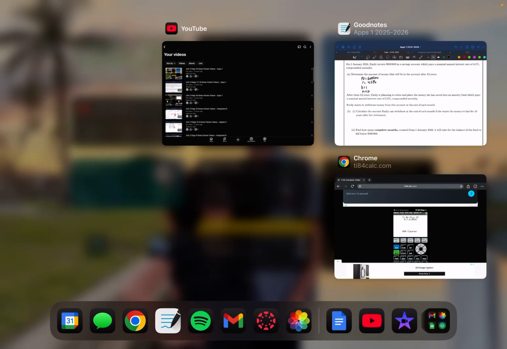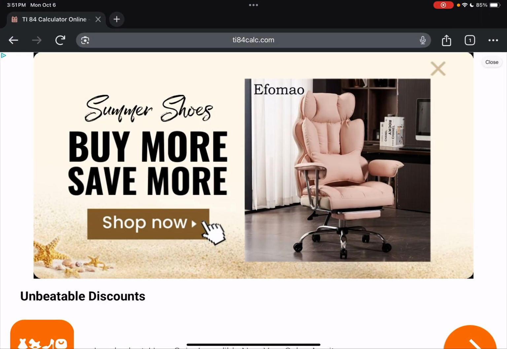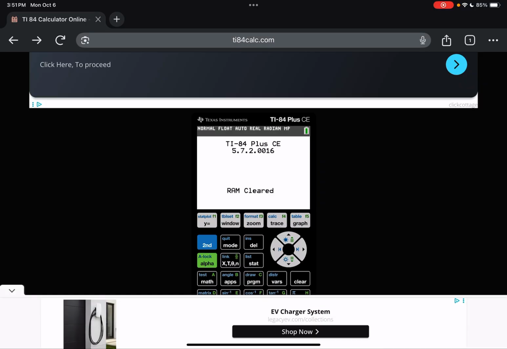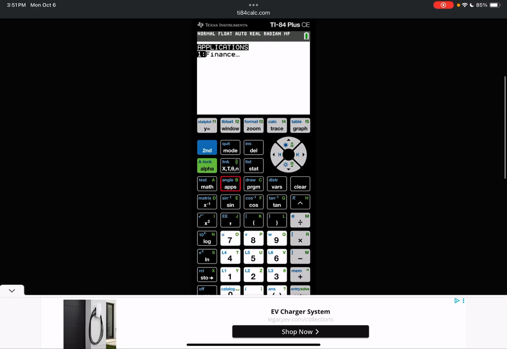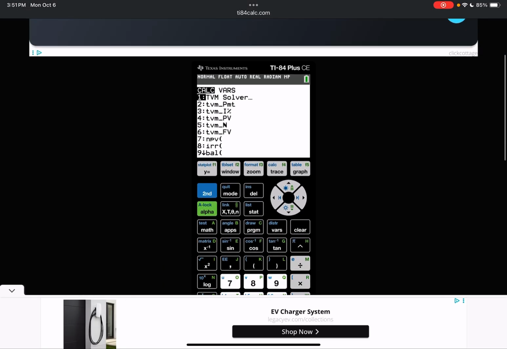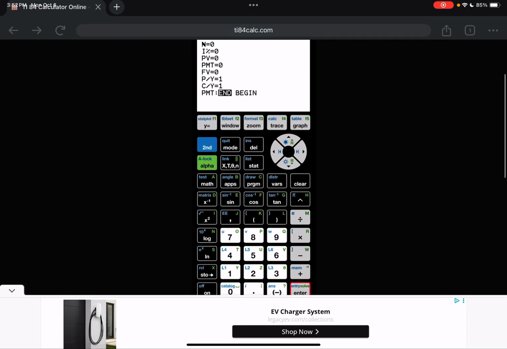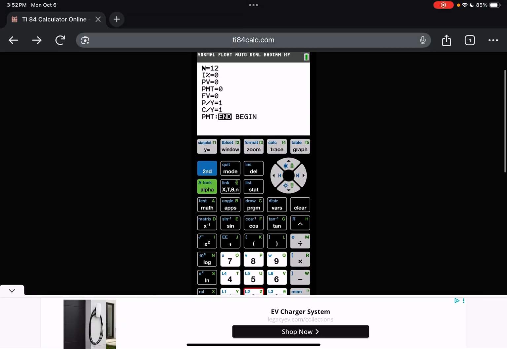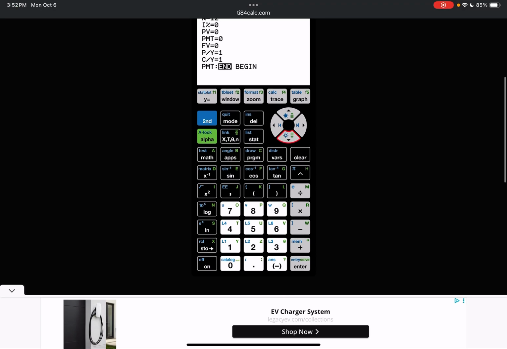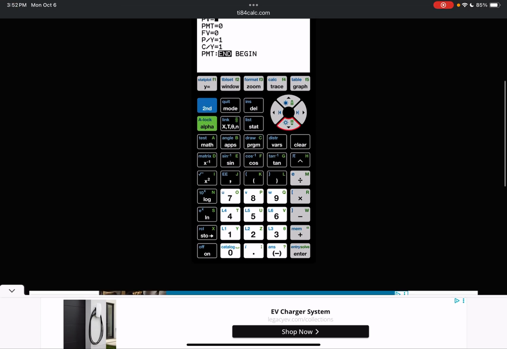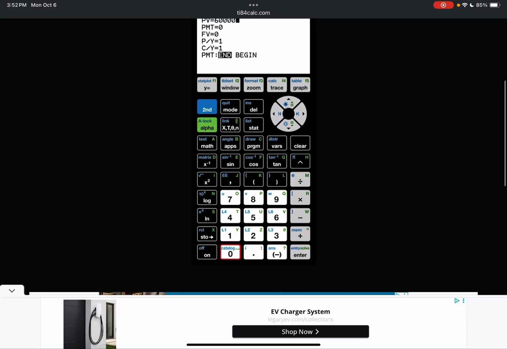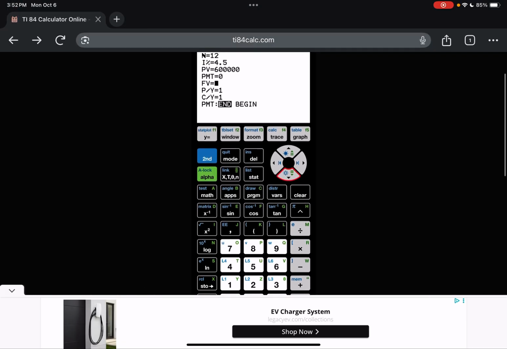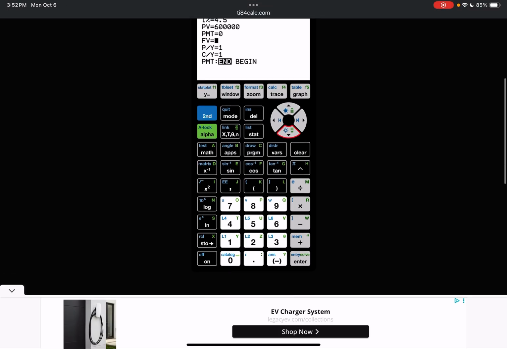So if we go to our calculator, we can go finance, TVM solver. N is going to be 12. I is 4.5. Present value is 600,000. Payment is nothing here. The future value is what we're trying to find, and PY and CY should be 1.